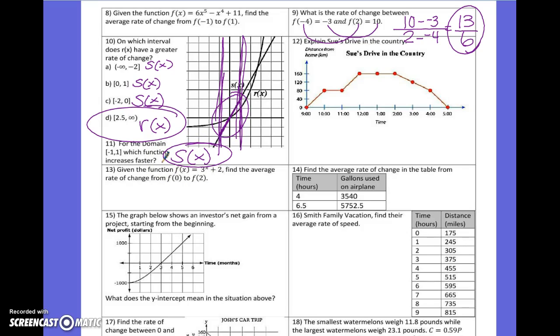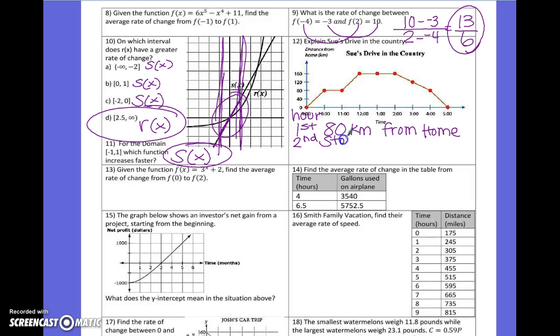Explain Sue's drive in the country. Well, for the first hour of her drive, she's going 80 kilometers from home. In the next hour, the second hour, she is not moving.